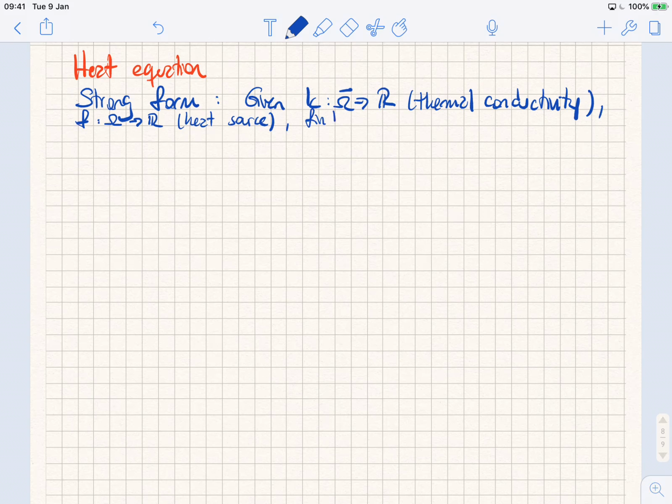We're interested in finding the temperature field such that, and I'm going to write down my equation for the heat conduction problem, and this has to be valid for all x in omega, right?